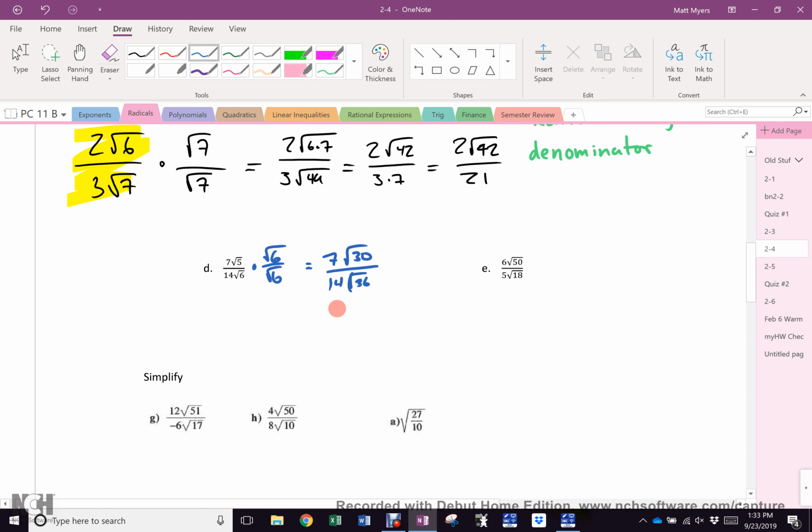Root 36, which is 7 root 30 over 14 times 6, which is 84, right? Now you're at a point where, oh, of course, 7 over 84, obviously I would deal with the numbers. And of course, 7/84 equals 1 root 30 over 12, and then we would get rid of the 1. It doesn't matter the direction you go, but you have to remember all the math.